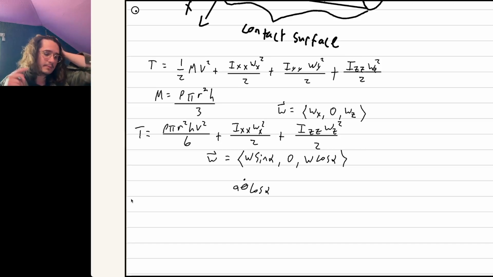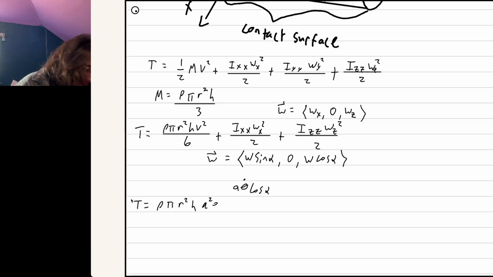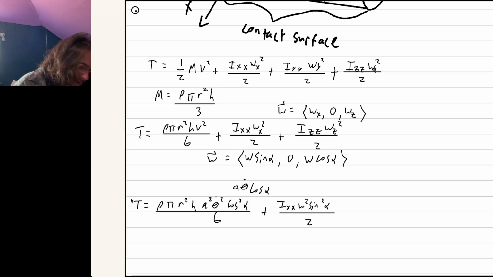So plugging that stuff back into the kinetic energy, we're looking at rho pi r squared h a squared theta dot squared cosine squared alpha over 6, plus Ixx omega squared sine squared alpha over 2, and then Izz omega squared cos squared alpha over 2.